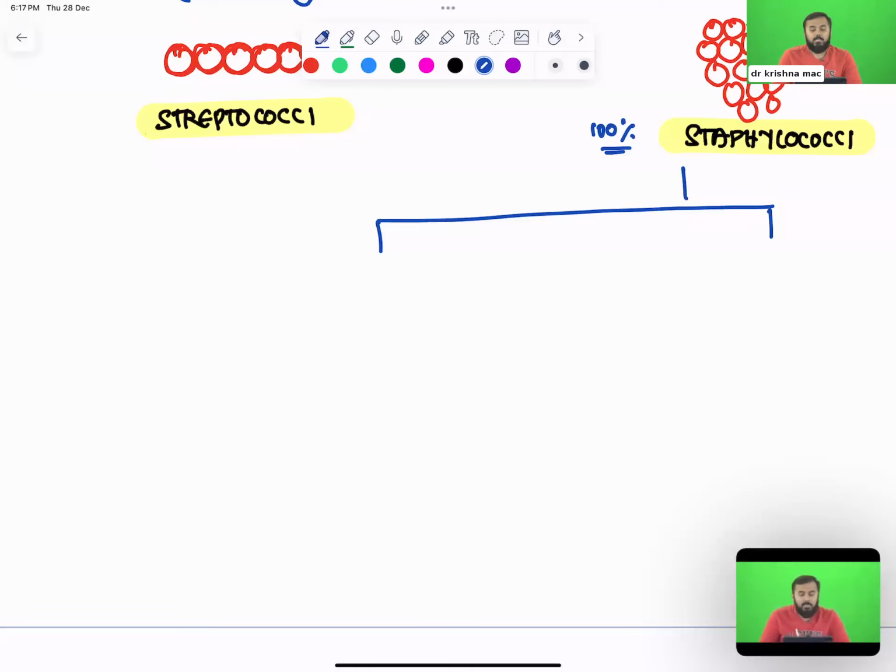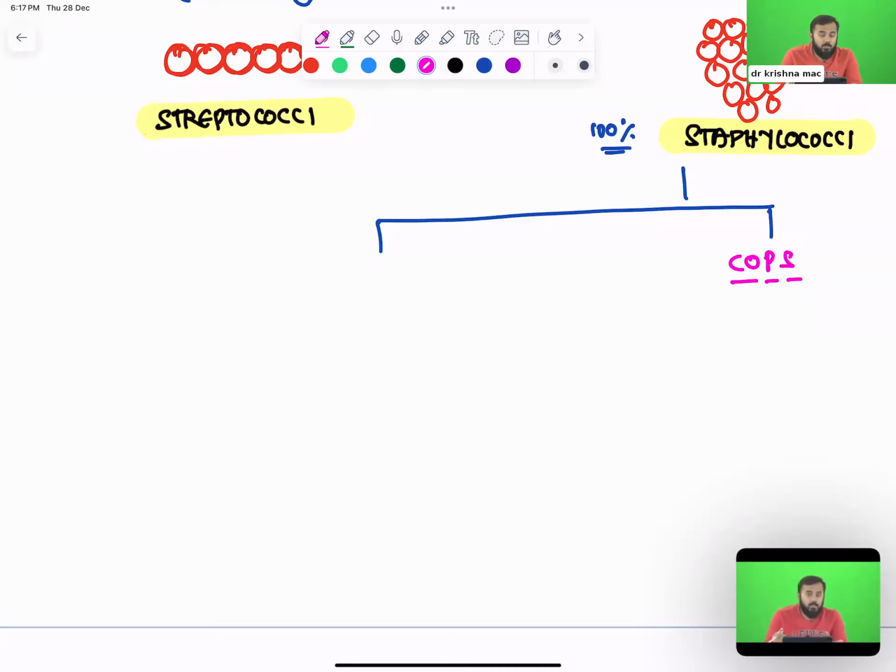Some staphylococci release coagulase enzyme. Some staphylococci do not release coagulase enzyme. If you are releasing coagulase enzyme, they are called as coagulase positive staphylococci. Okay, so you call it as COPS, coagulase positive staphylococci.